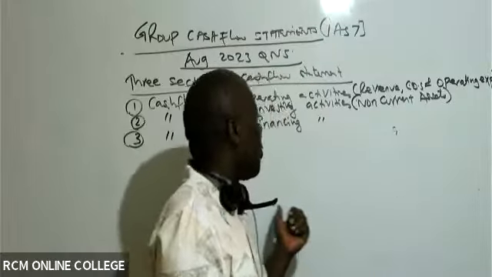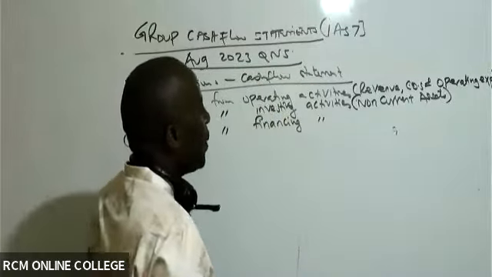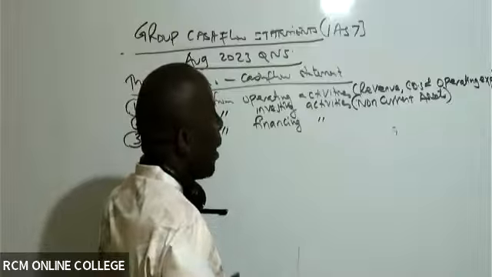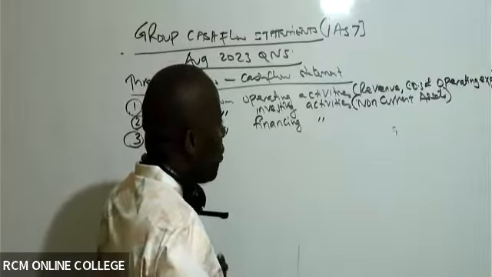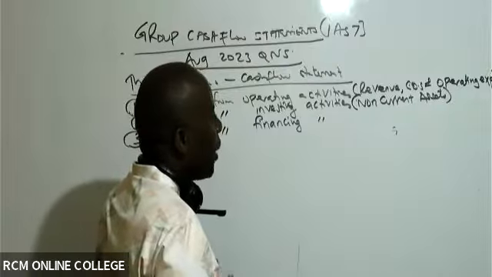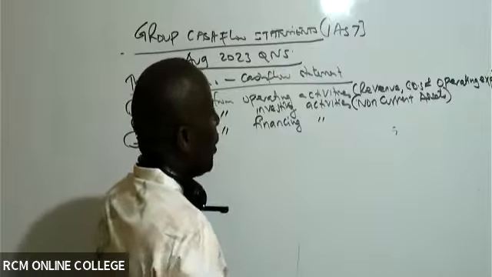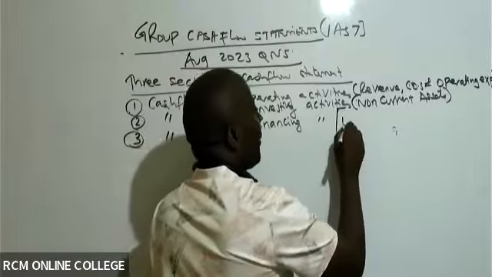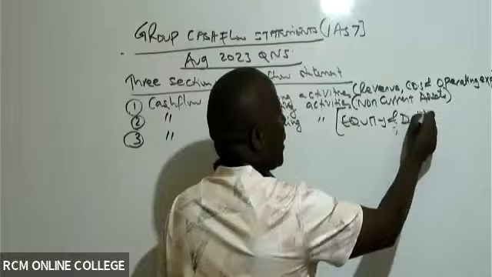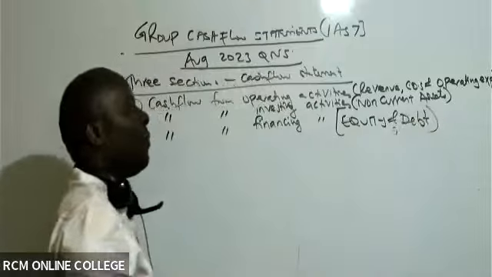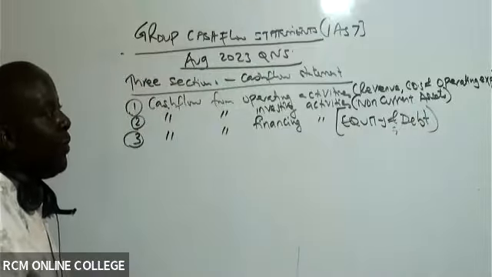And then when you talk about financing activities, we are looking at how we acquire this capital. So how do we acquire funds for running our company? We are looking at equity and debt. At times we have preference shares, but preference shares are not very common.